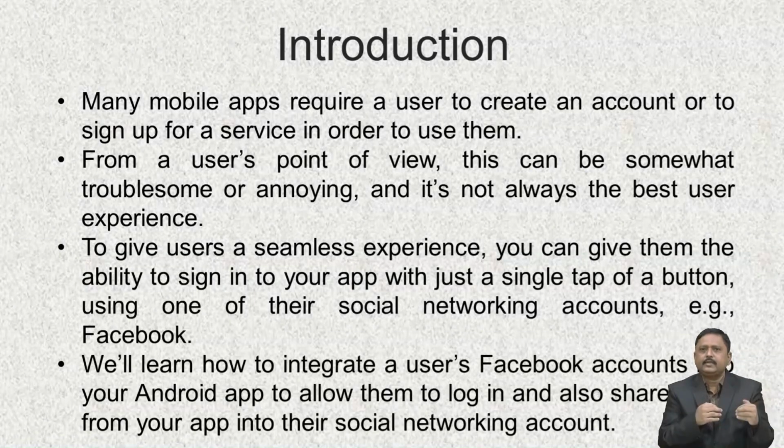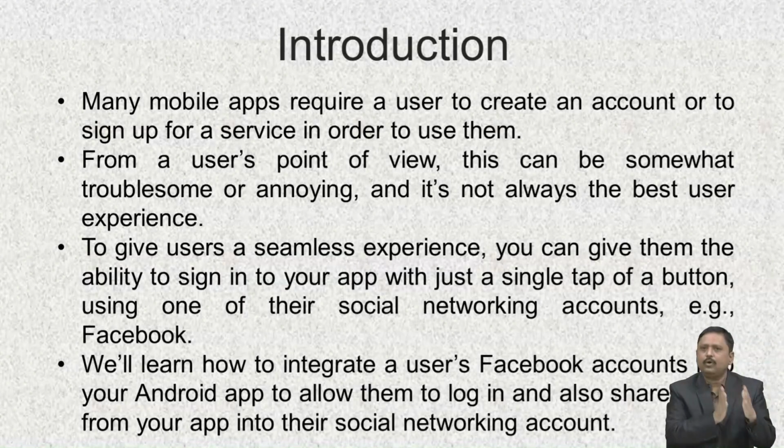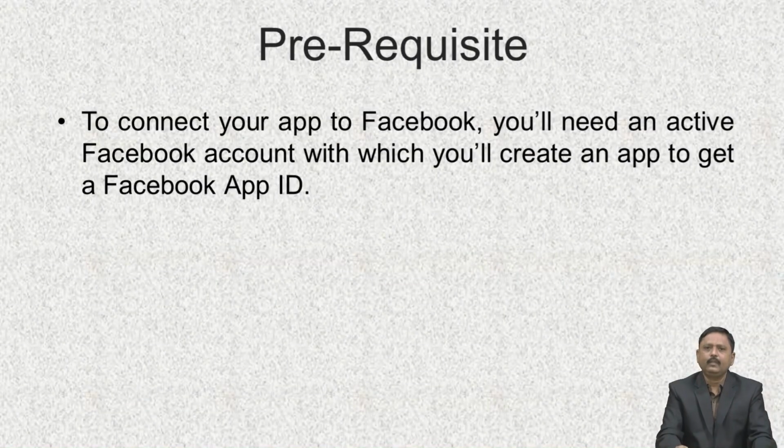posts from your app into their social networking accounts. Now, for this, we have to follow certain steps because it involves not only Android Studio but also another social media platform. Now, what is the prerequisite for this?